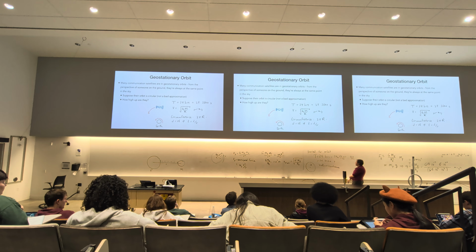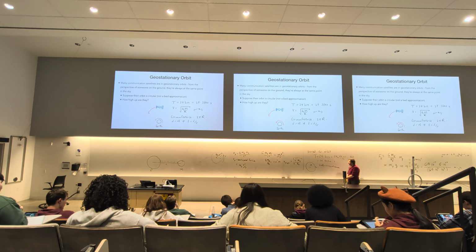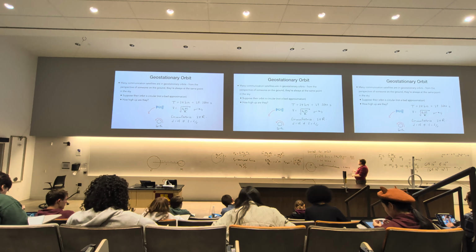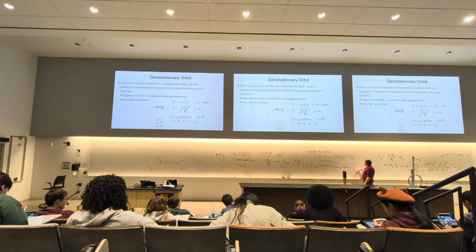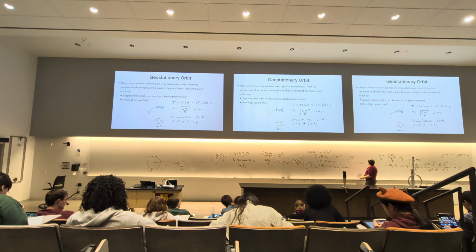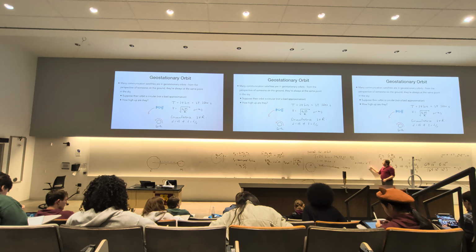And then as you go around the orbit, you have some speed v. So this is your distance that you have to cover: 2 pi r, to go all the way around. You're moving at some speed v, and you have some time to do it in, which is t.